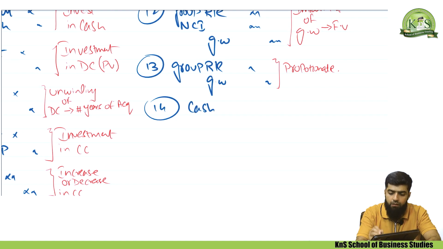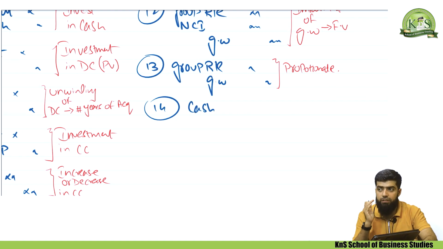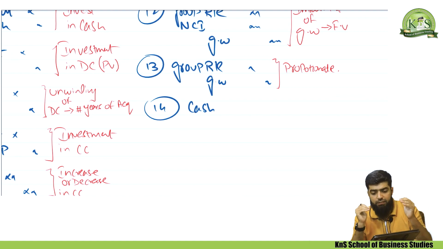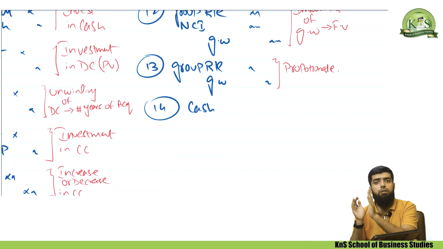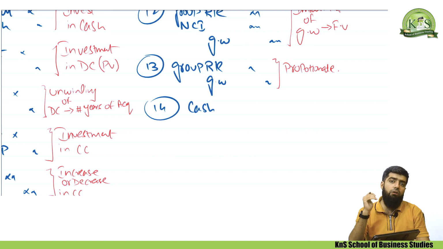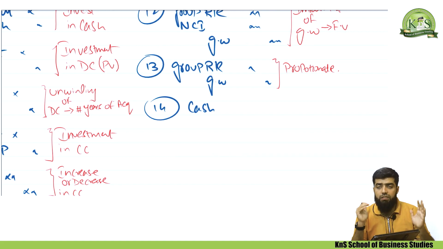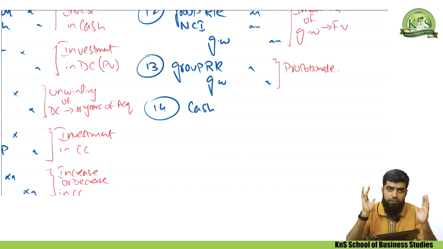For example, if there is a difference of receivable and payable between the parent and the subsidiary, that is the intra receivable, intra payable. For example, P company owes $5,000 to S company, but the receivable account of S company shows 7,000. It means receivable is more than the payable of P company, which shows that there is cash in transit between the two companies.